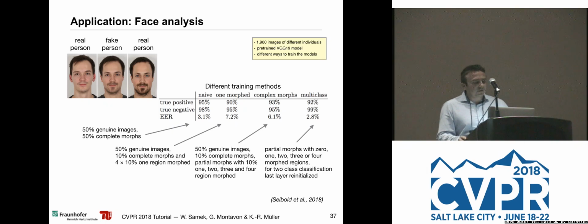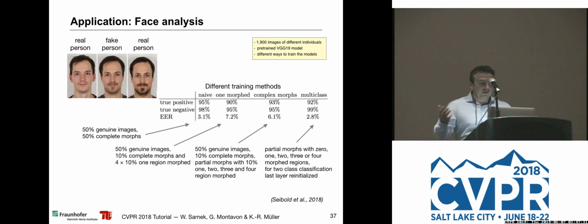Then we also trained on 50% real faces, genuine images, 10% of faces which are completely morphed, and 10% of faces where we only morph one region of the face. So here we morph 4 regions: the left eye, the right eye, the nose, and the mouth.